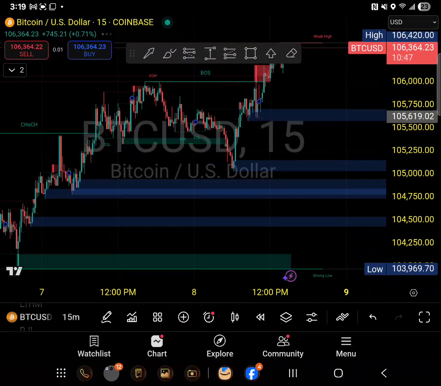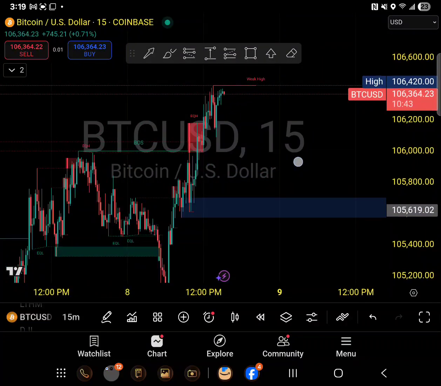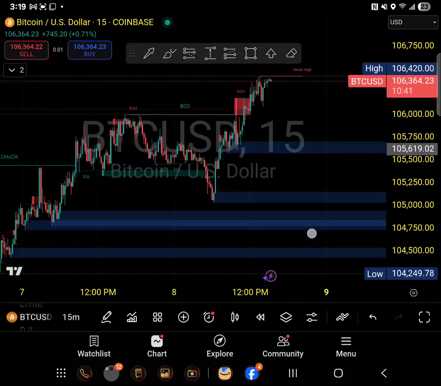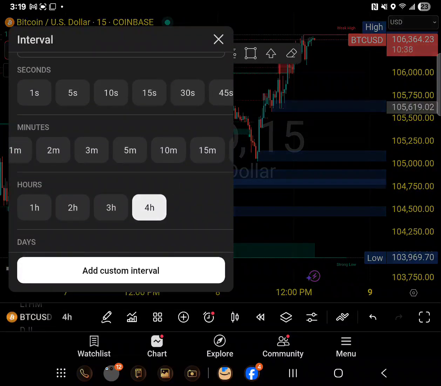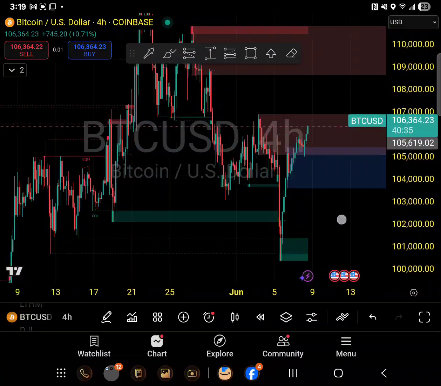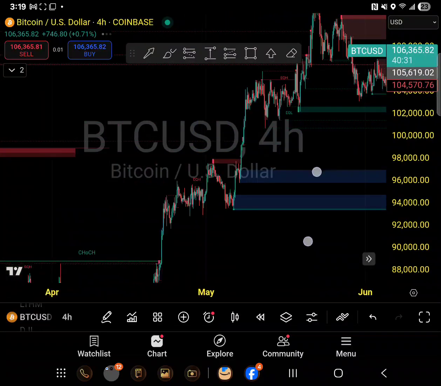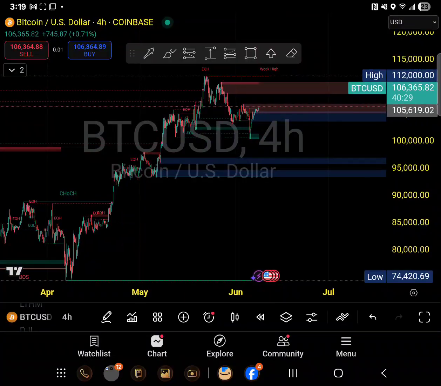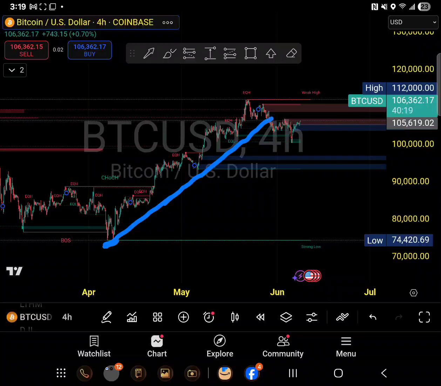So look at this BTC level now. This is a 15-minute chart. Again, how you can draw your charting, let's look at 4 hours to see what exactly it is doing. If you look at the bigger picture, right from this point, Bitcoin made this kind of pattern.